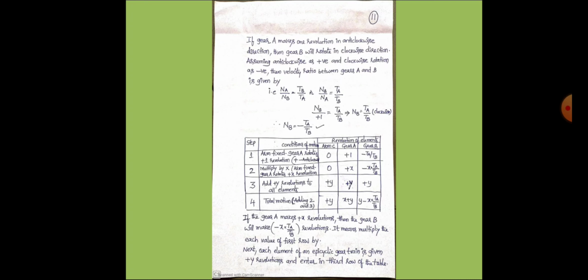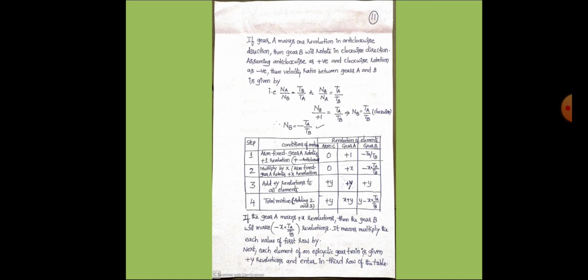What is it? Arm C is fixed and gear A rotates +1 revolution. 1 revolution, 1 RPM, but in anti-clockwise, therefore +1 revolution. Arm C is fixed, gear A rotated +1 revolution. Then you enter the information.